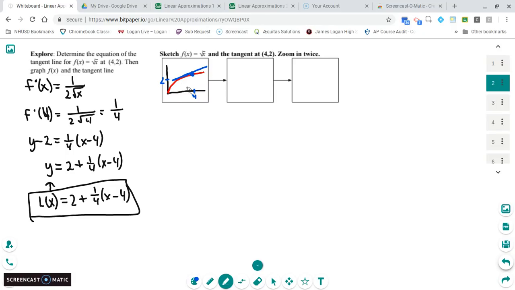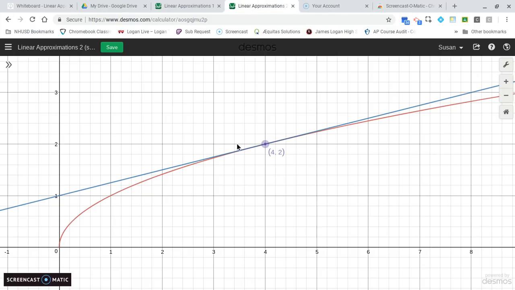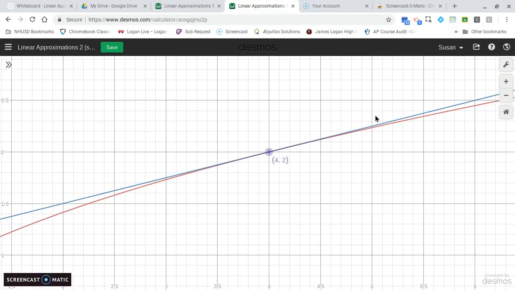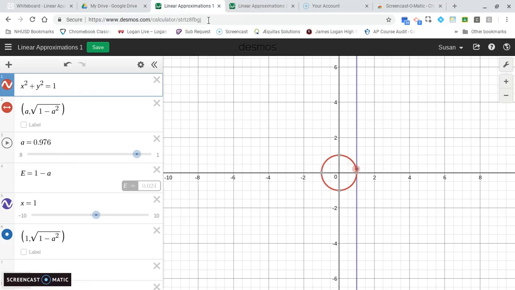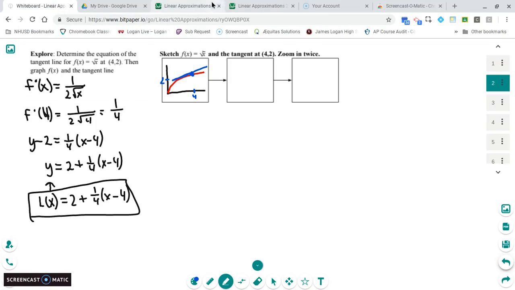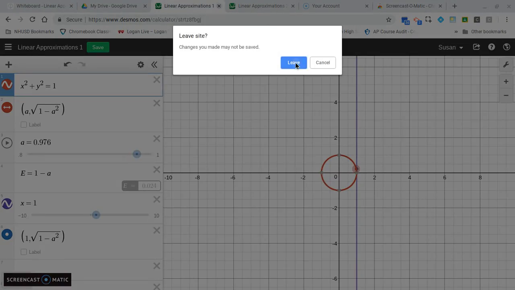All right, so when we zoom in on that, let's take a look and see what happens. All right, so zooming in on that point. You can see that there's still some gap between the function on both sides, but there's a large portion where the tangent line seems to be right on top of the square root function. So we can go ahead and close that off.